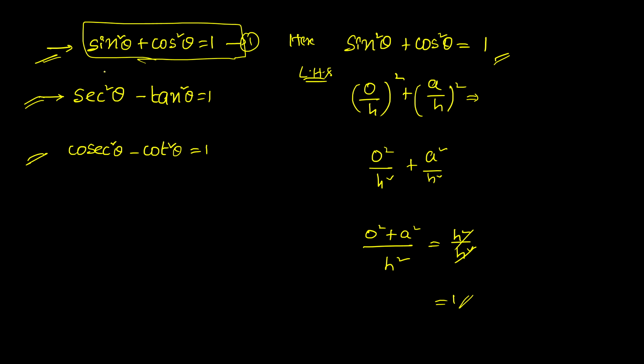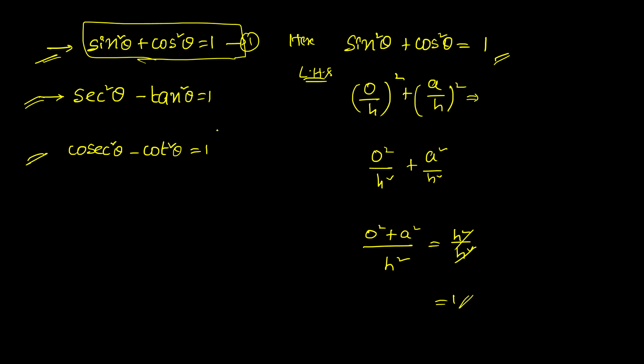Whenever we see a problem involving sin theta and cos theta, we should remember all these three identities and they should revolve in our mind. If somewhere in the question you see cosecant theta and cot theta, you immediately have to get the idea of the third identity, cosecant square theta minus cot square theta is equal to 1.